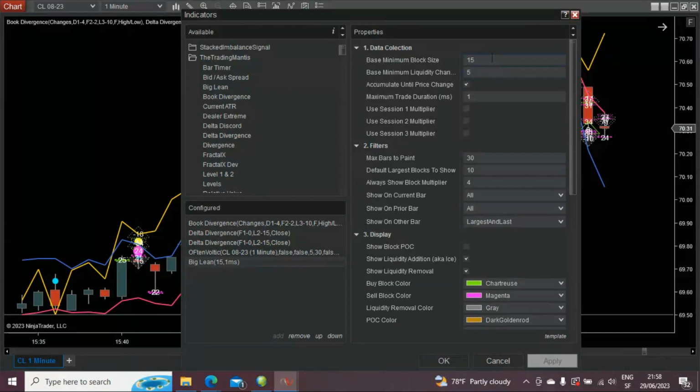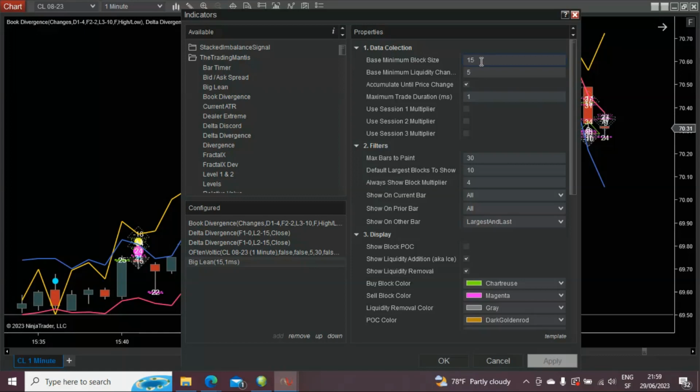Now you can set the minimum block size. So how big does a trade have to be before you decide that it's a block trade or a big trade? In this case, we're on CL, which is a fairly thin market, so it's set quite low, 15.